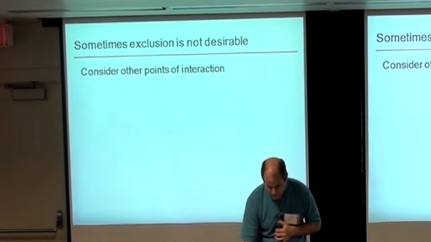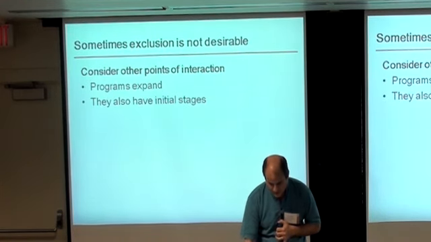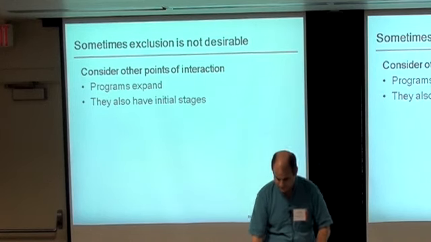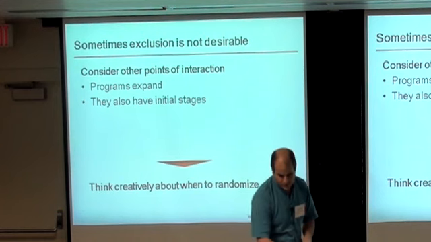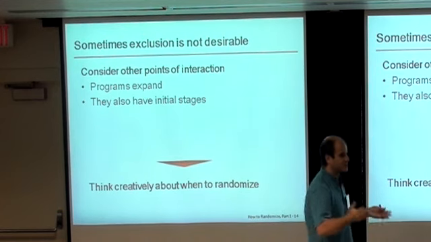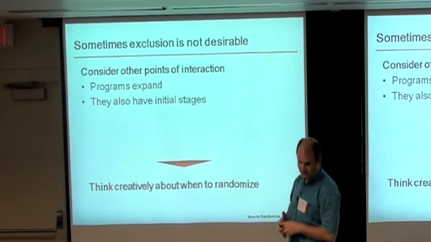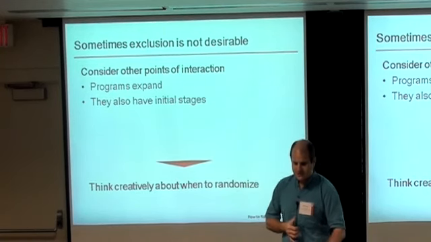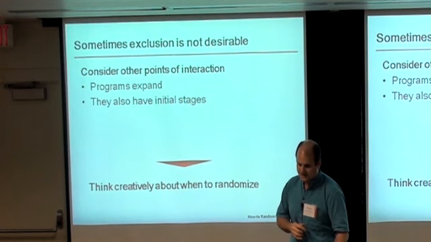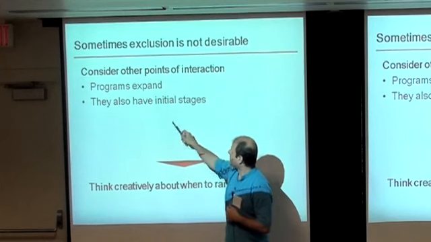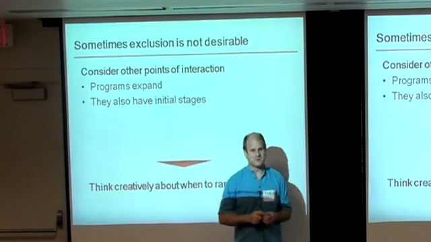So sometimes exclusion is not desirable. Sometimes there's no way, in whatever the context is, of actually excluding individuals. And so other points that we will often use is the expansion of a program, or any sort of program where there's some sort of initial stage.